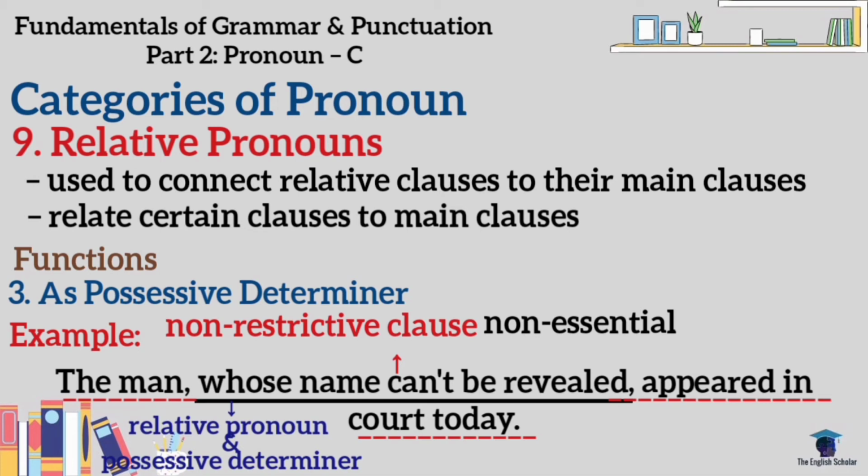Remember when we ask, who is the owner of something, we ask, whose bag is this? Or whose cat is this? That's almost the same with the function of our relative pronoun here, which is whose. It expresses possession or ownership. In this sample sentence, we are expressing that man's ownership of his name.